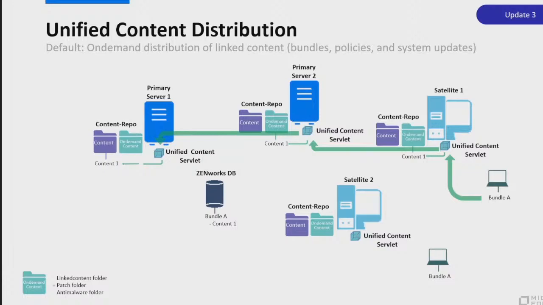If you want to be more aggressive, say satellite 1 requests content for a managed device on November 1st, and I only want to keep it around 15 days, and if by November 16th another device hasn't contacted satellite 1 for that same content, that content will be cleaned up from satellite 1 so that it's not taking up space.